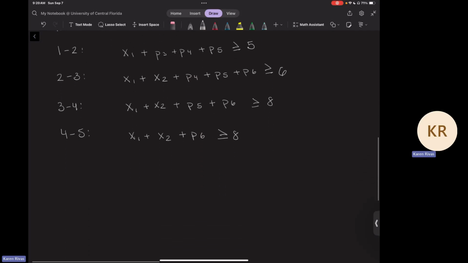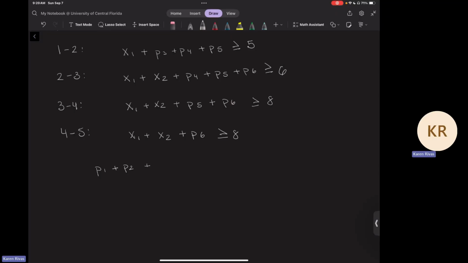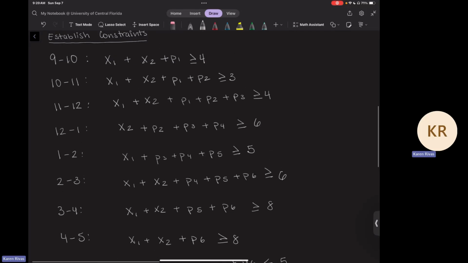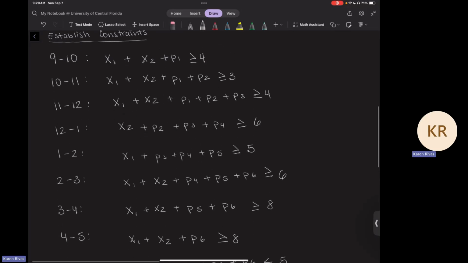But then on top of all that, at most, 5 part-time tellers can be hired. So the way we'll show that is P1 plus P2 plus P3 plus P4, at most. All right, so now we have all our constraint equations.